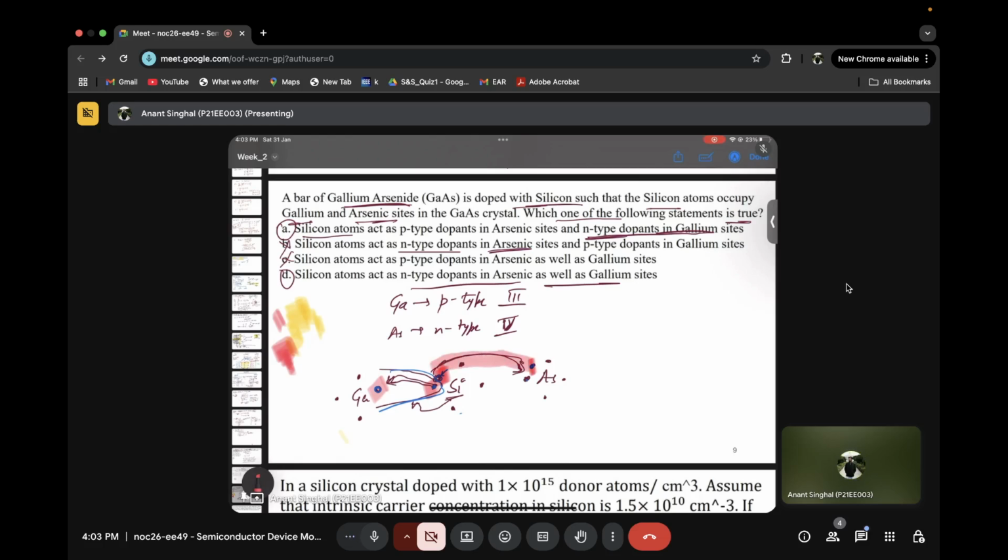Is this clear? So silicon is acting like an n-type dopant to gallium and a p-type dopant to arsenic. So the correct answer is option A: silicon atom acts as a p-type dopant to arsenic and an n-type dopant to gallium.